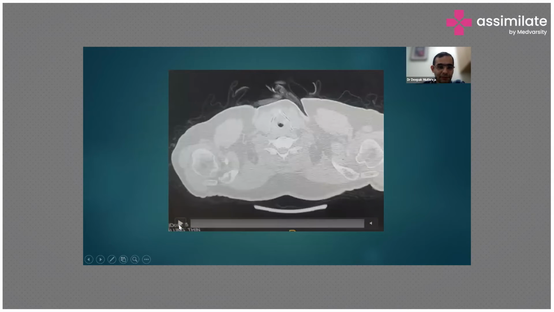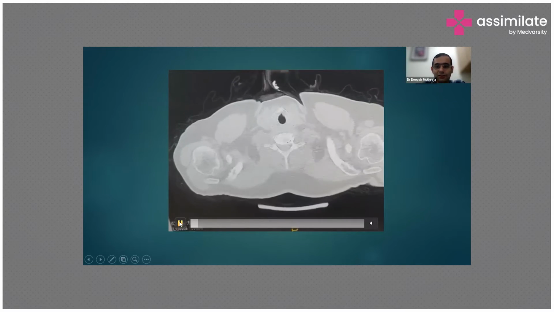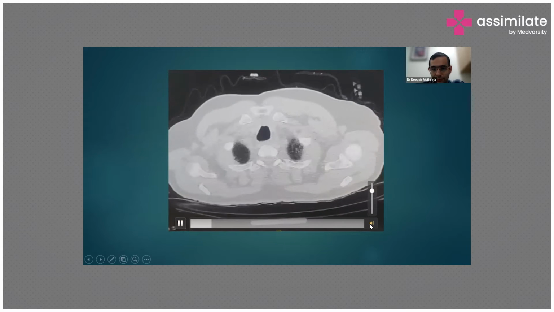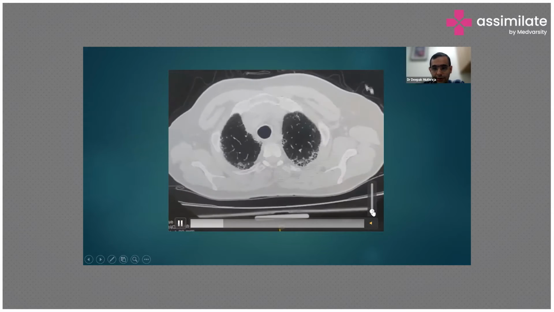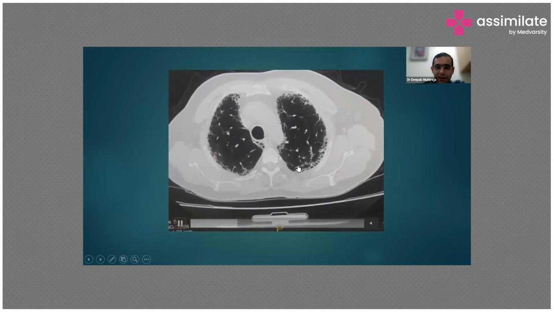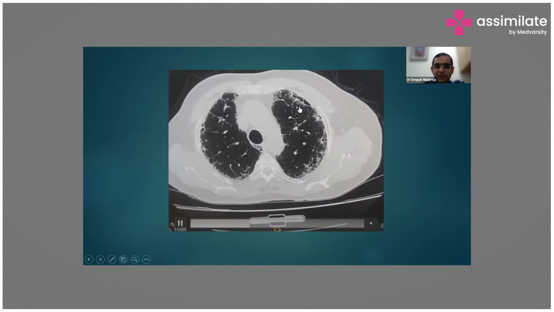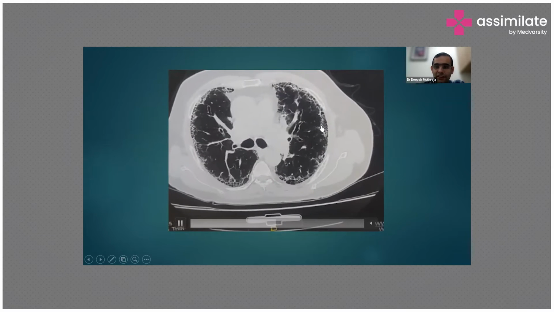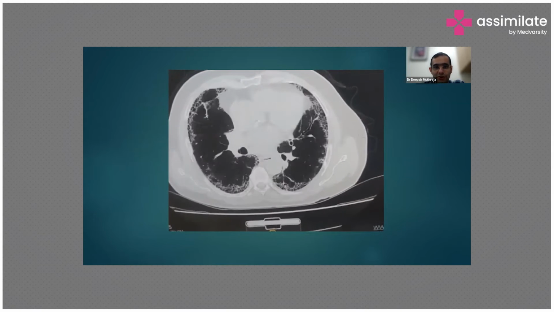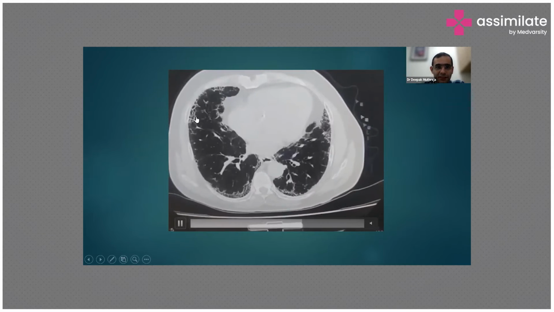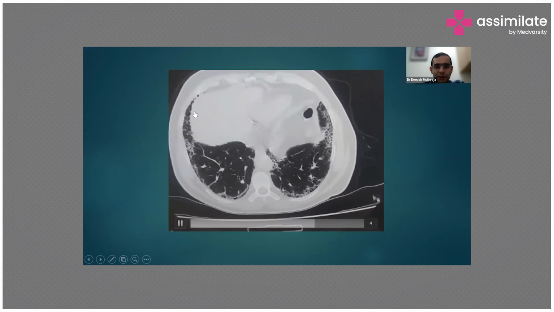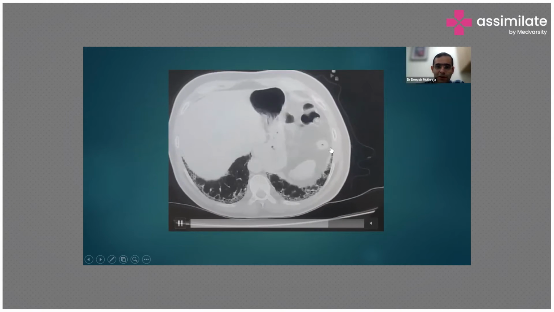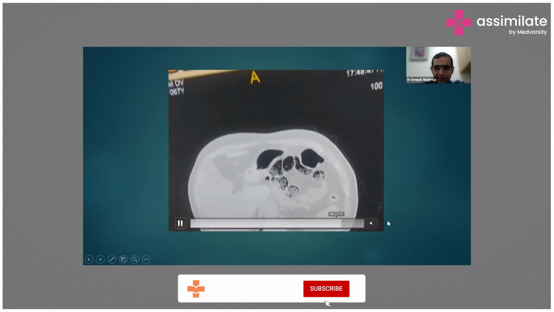This was the CT. As we see, there are multiple fibrotic changes peripherally, and it is extending from the upper lobe to the lower lobe. And also this area, what we see here, is called honeycombing, where you can see many of the fibrotic lesions.